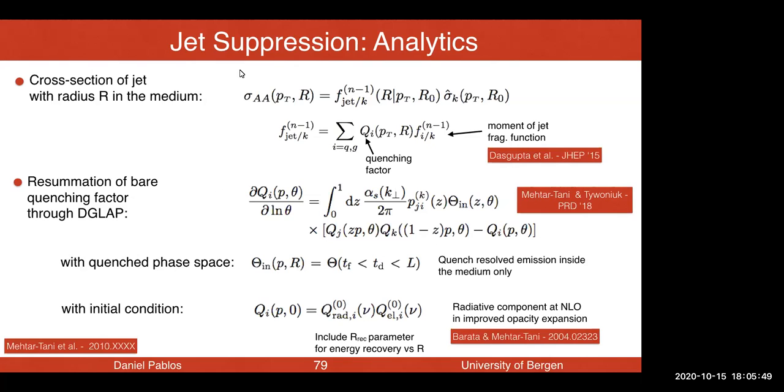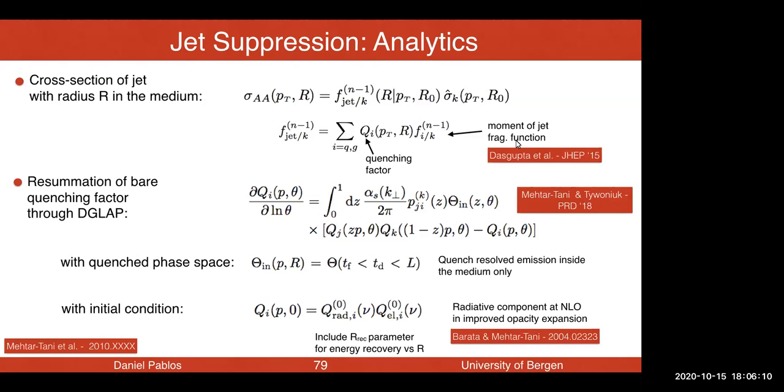You have a cross section for jets with a radius R, and they are the convolution of this initial partonic spectrum that, through a fragmentation function, goes into a jet of a given radius.